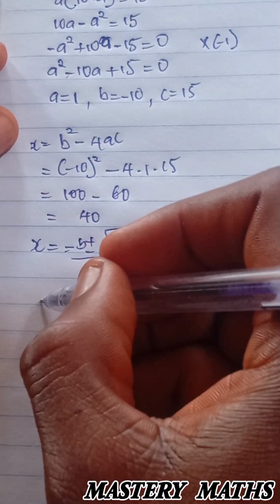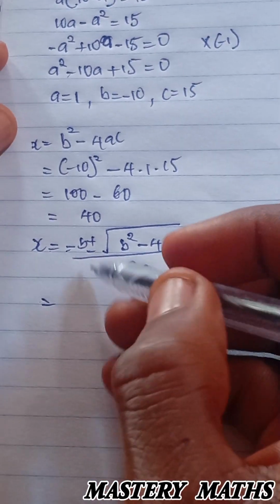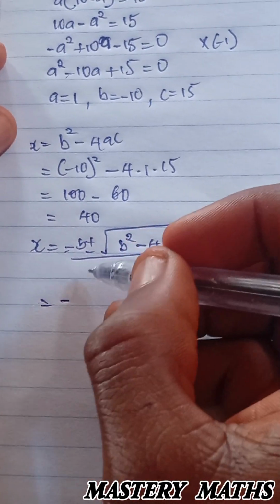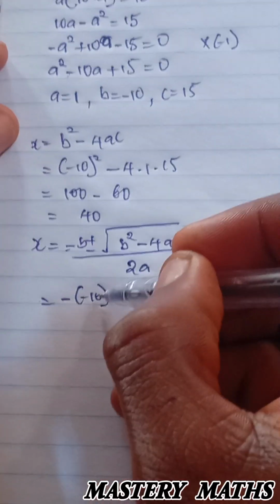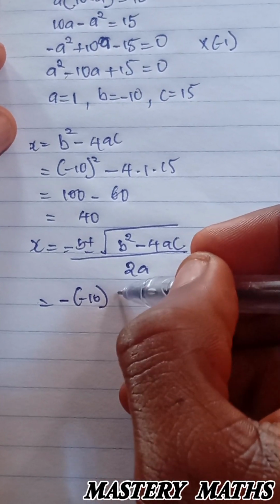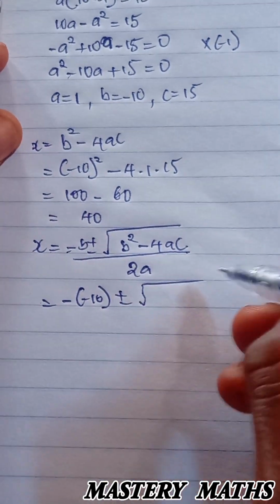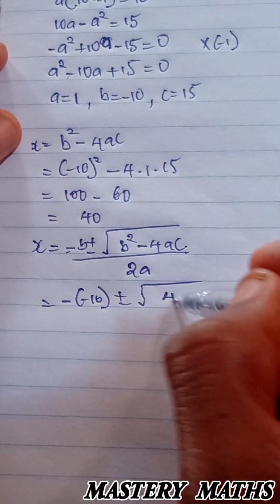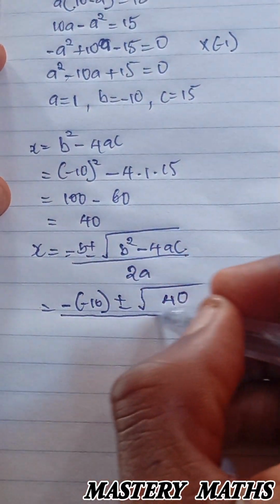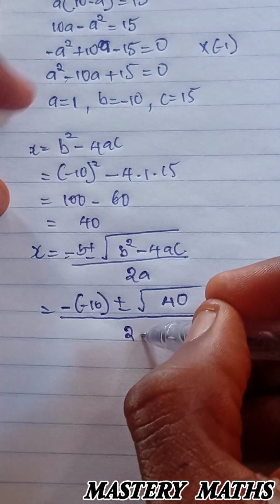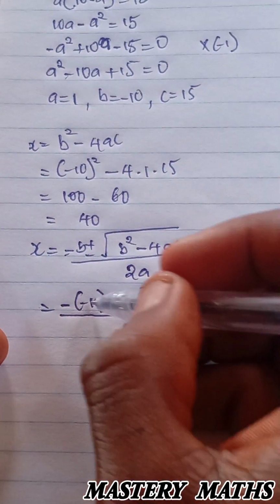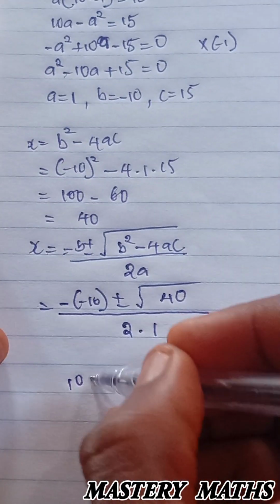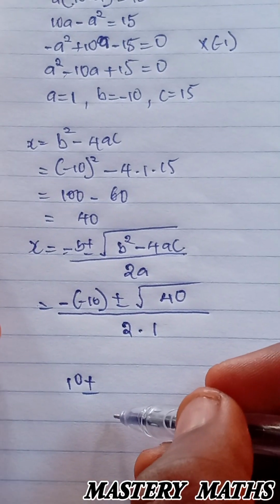Now let's plug in: minus the b, which is minus 10, plus or minus the root of 40, then all over 2a, which is 2 times 1. Minus times minus is plus, so we have 10 plus or minus root 40, all over 2.